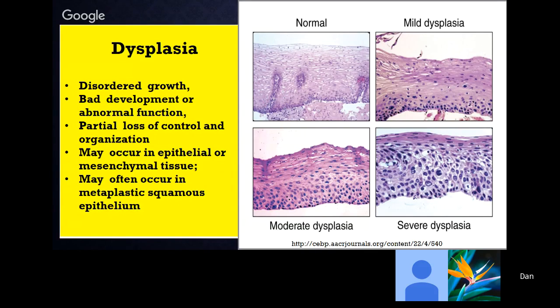What is the characteristic of the tissue change? Yes, goblet cells, exactly. Because this is a change to intestinal type of epithelium.